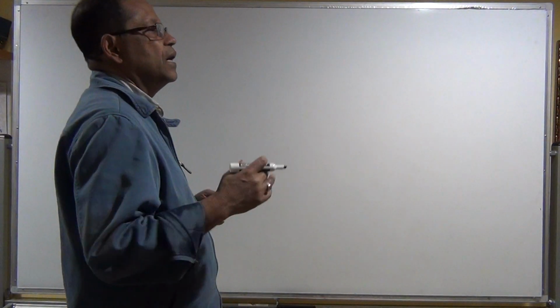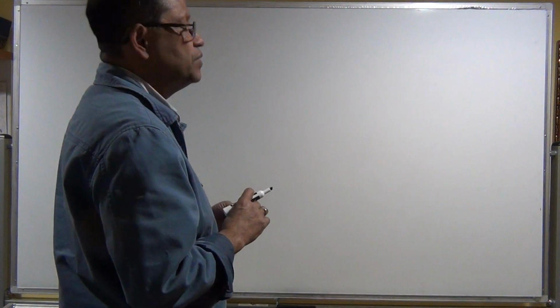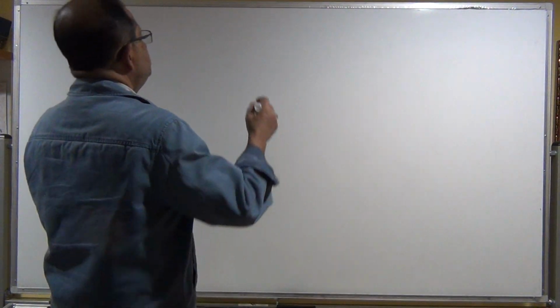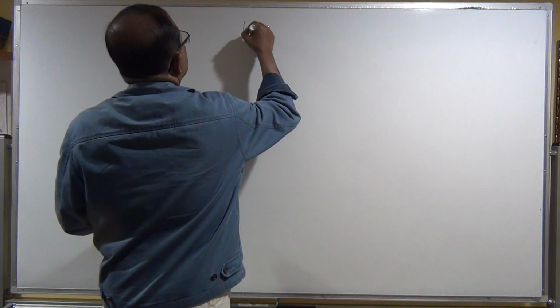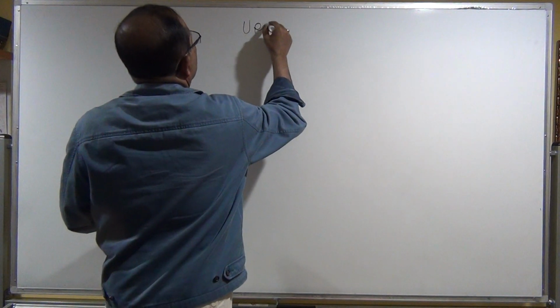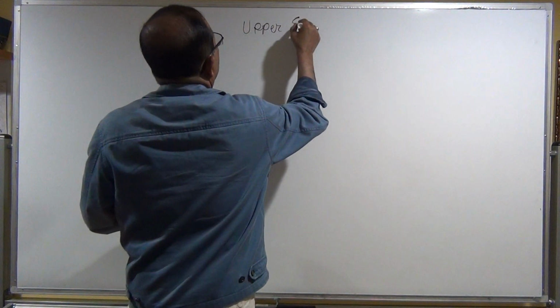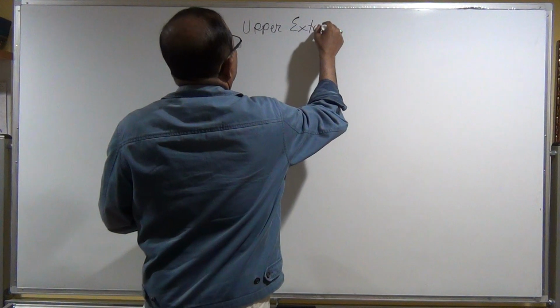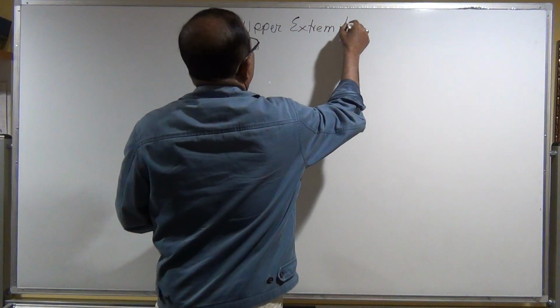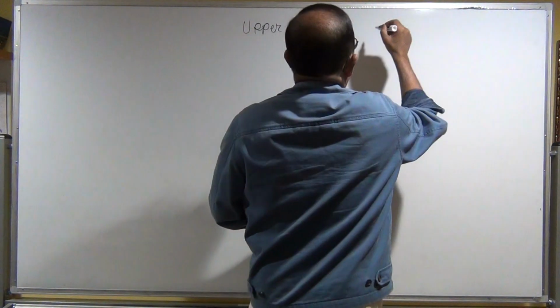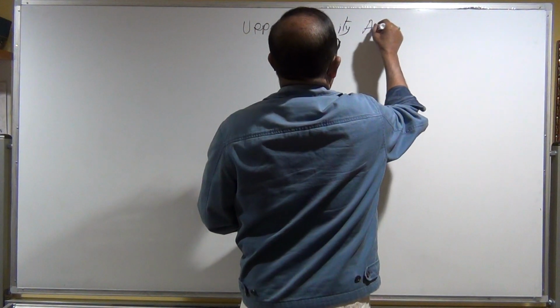Let me give you the main distribution, then I will draw the diagram for the anatomy. Upper extremity arterial supply.